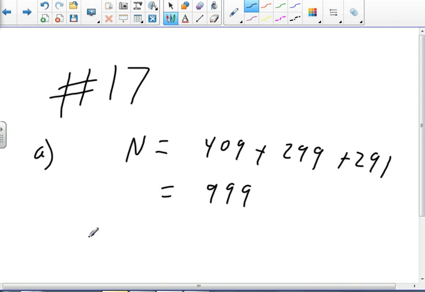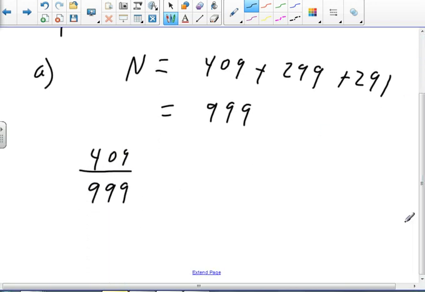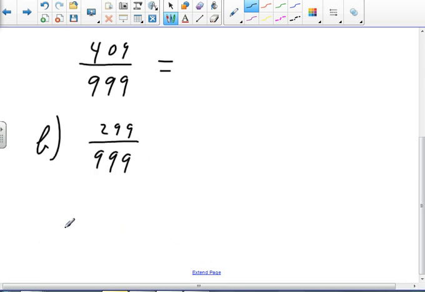So A, we want bullish. Bullish would be 409 divided by 999. B is neutral, 299 divided by 999. And C is bearish, 291 divided by 999.